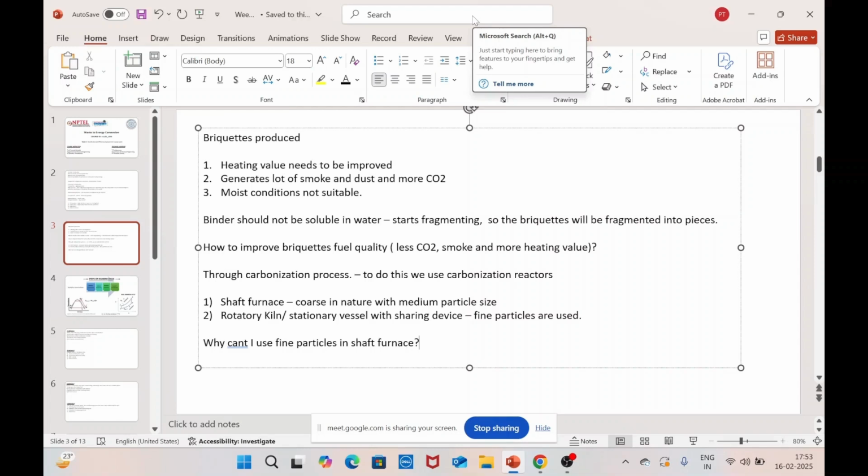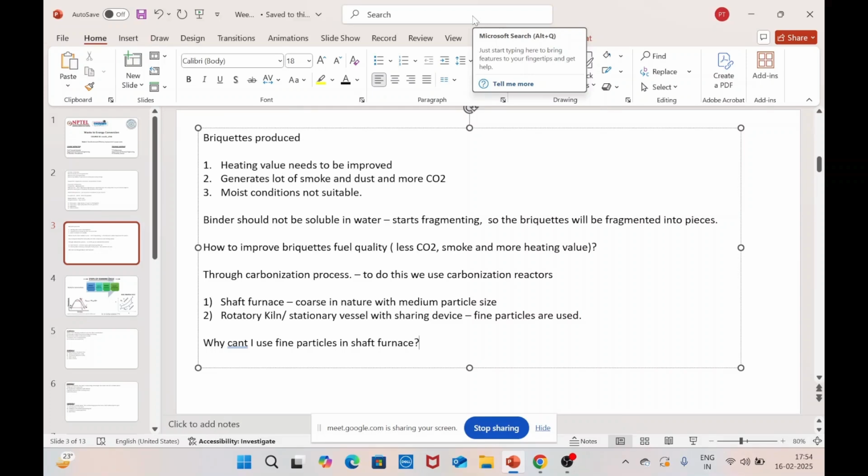Think from the perspective of density. So the answer is quite simple.